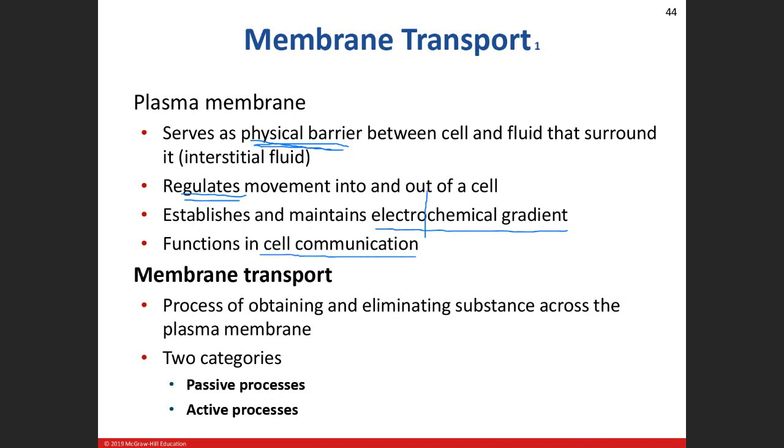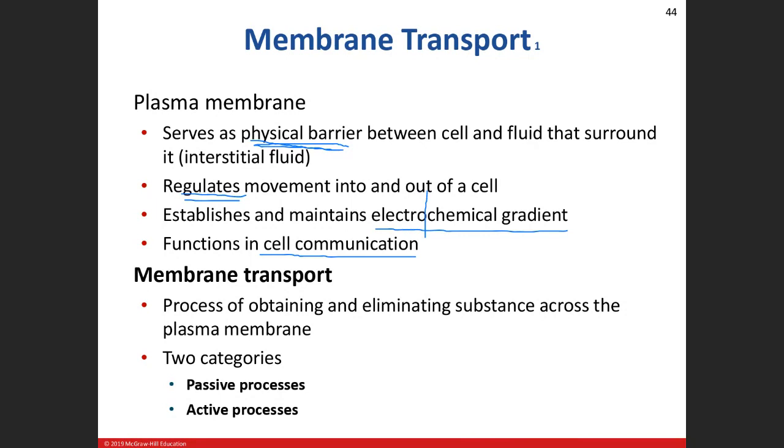There's a concept we call secondary messenger, and I'm not going to talk about this now. You'll learn more about it in chapter 17 in 211. But that cell communication is going to allow for certain chemical processes to occur, to have the cell undergo certain functions. It'll also allow for nerve signals to move across the cell. More on that in later chapters.